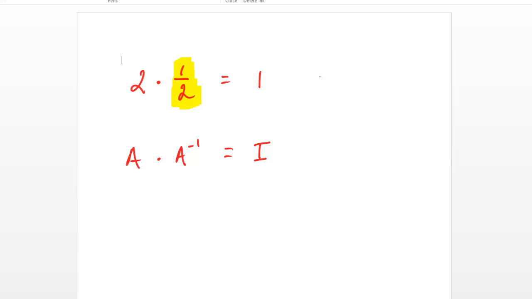Now the way we represent a matrix inverse is through the use of the -1 exponent. You may have seen this before in other parts of math. Say x to the -1. If you remember your exponent properties, that means 1 over x to the first power. So that's the inverse of x. And so we can see that x times 1 over x equals 1.